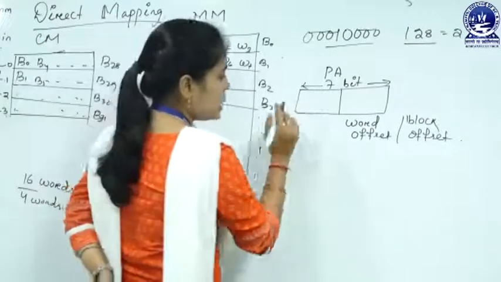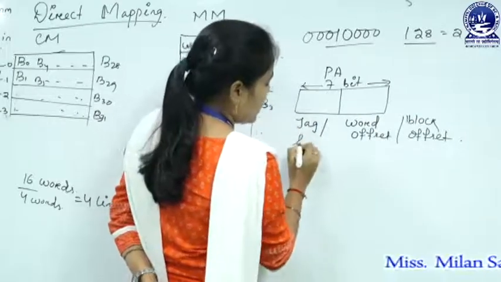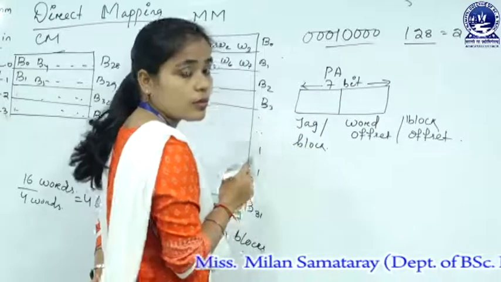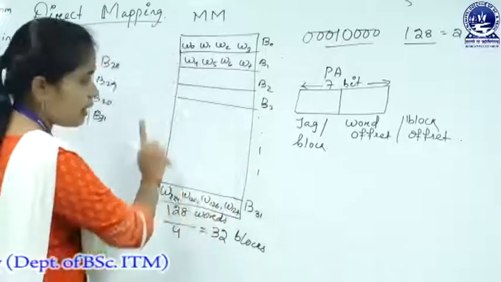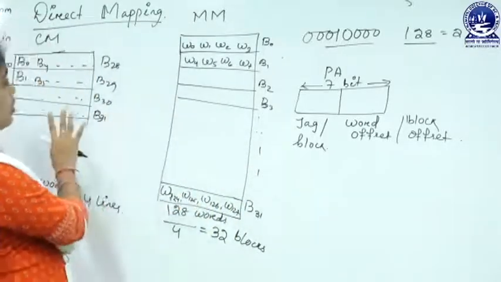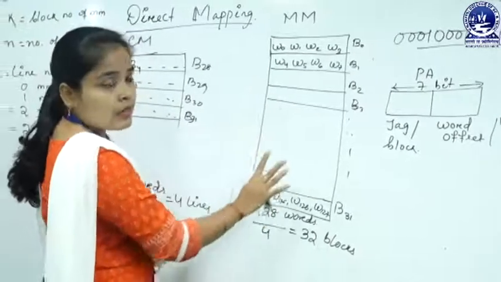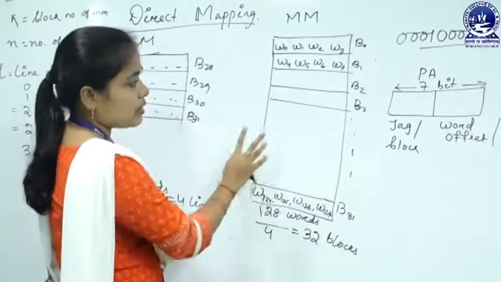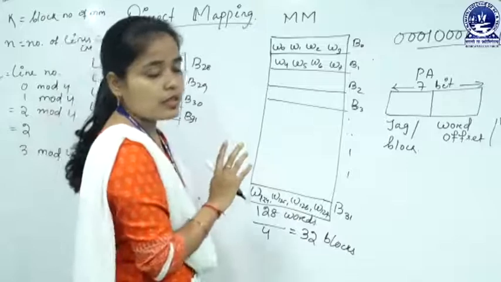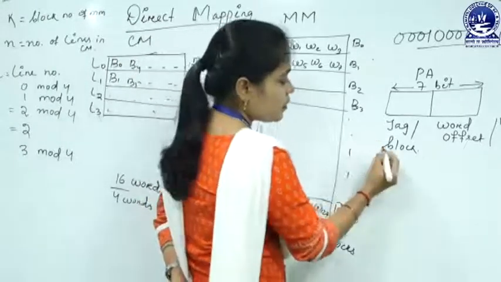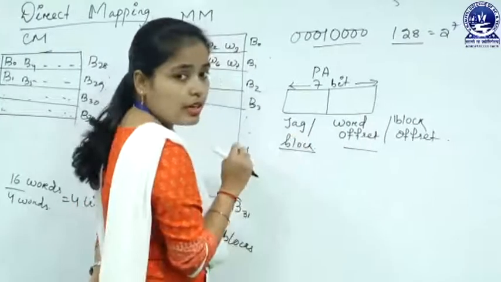And this other field is taken as the tag field, or you can say the field reserved for the block. So for this main memory concept, we are not going to the cache memory. We only have to generate the fields for the main memory. Both of these are included in the 7 bits.